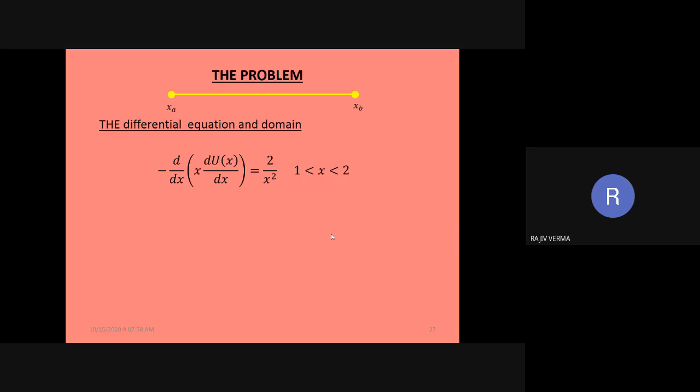Apart from this, the domain starts from x is equal to 1 and ends at x is equal to 2. So for this particular differential equation, we are interested in finding the value of u, that is the unknown, for this domain. And this particular differential equation represents plenty of phenomena.